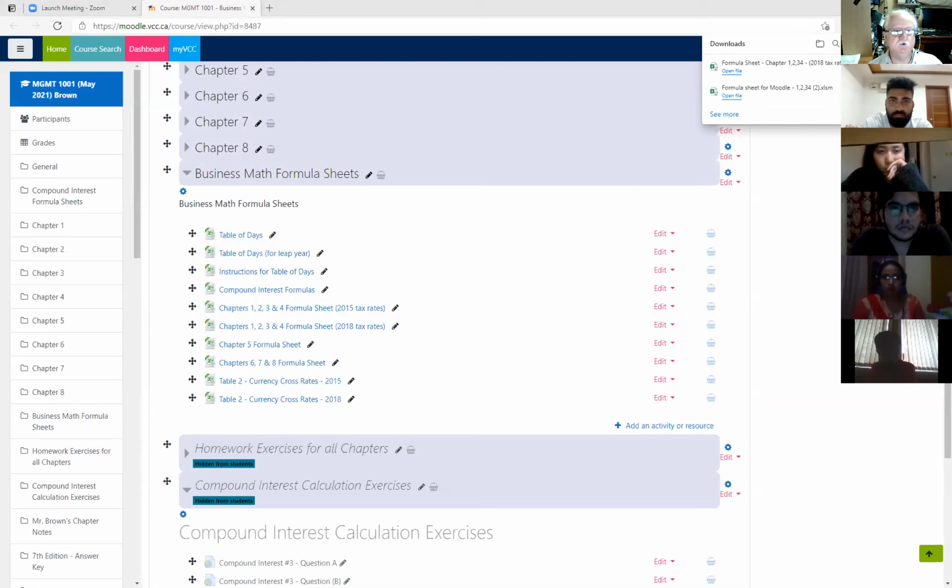so can you now see something that says formula sheet, chapters 1, 2, 3, and 4? What are you looking at on your screen now? What do you see on your screen?